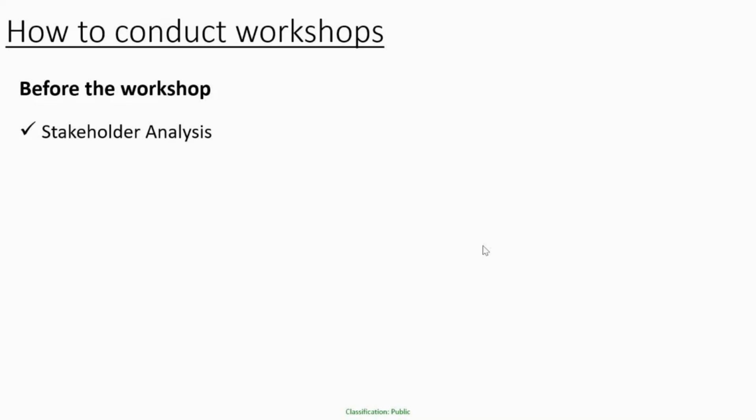That gives you an understanding of what you can expect in terms of questions from them, in terms of inputs that they're going to give, and what would be their specific requirements. Business requirement is one thing, but when you drill down, the stakeholder requirements could be a little bit more specific to that division. So you will be able to get that information before your first interaction.